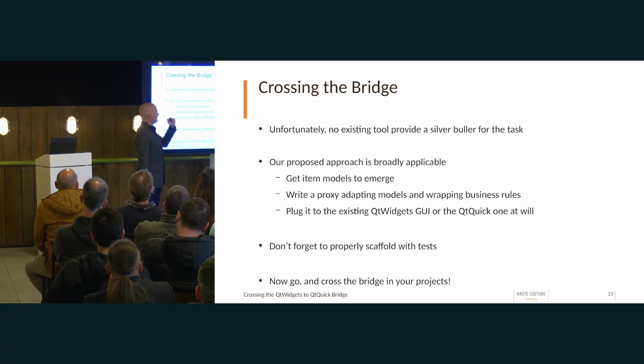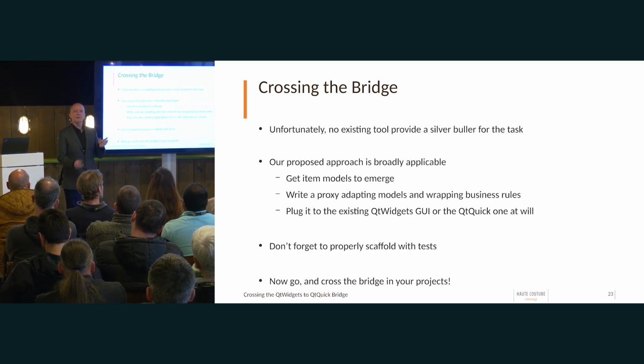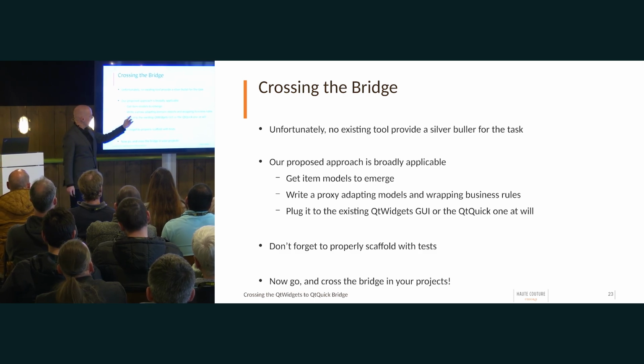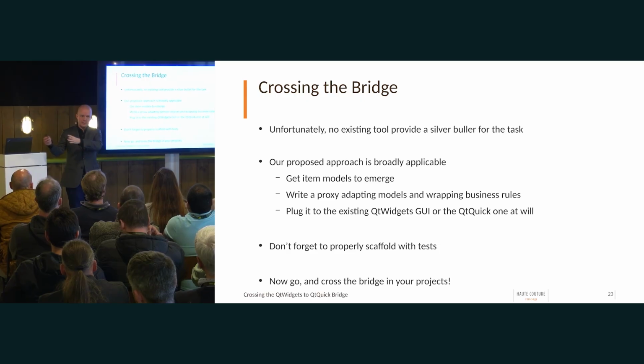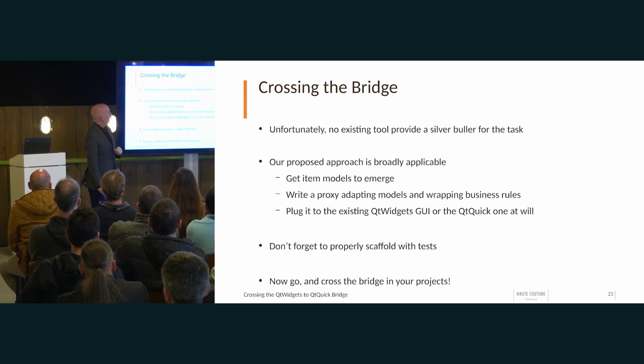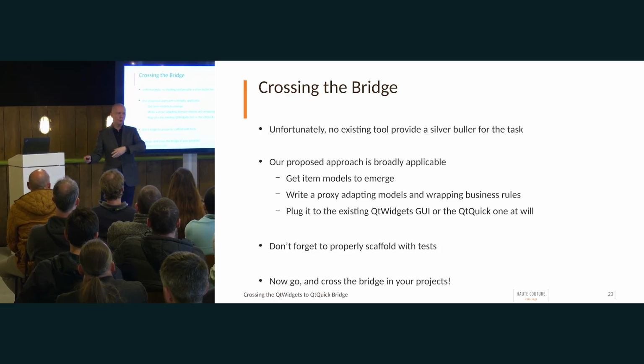Then once you have that everywhere, that was the first step, you write proxies, adapting domain objects and wrapping business rules, which were the last steps that we've seen. And then you can plug the existing QtWidgets GUI or QtQuick GUI at will.